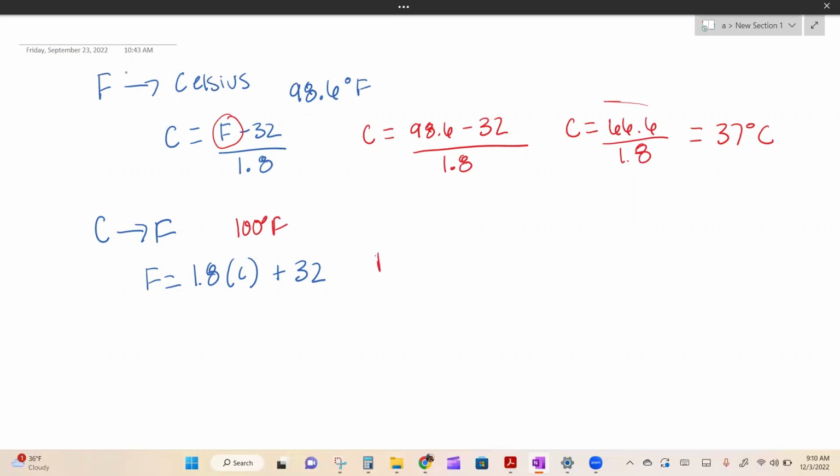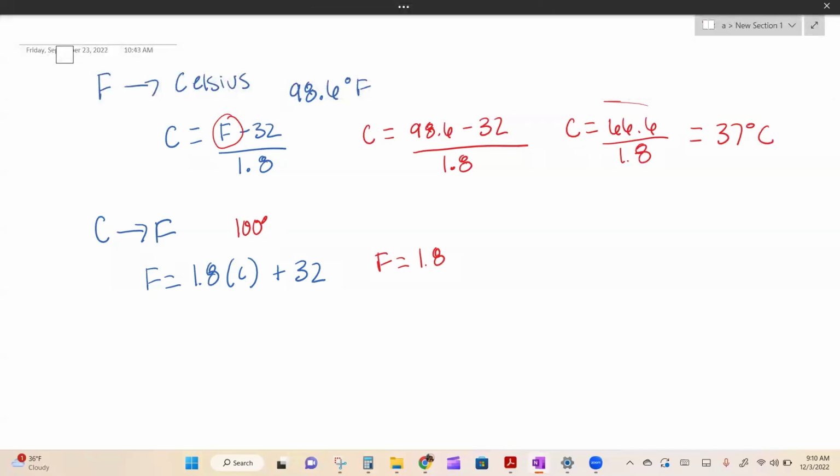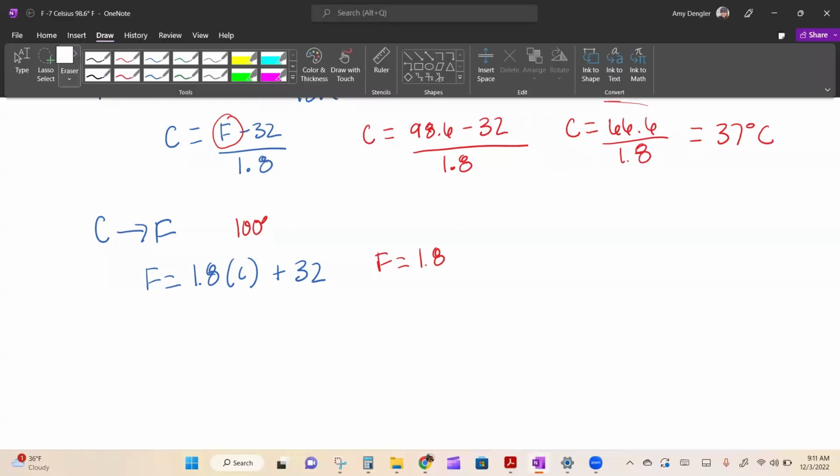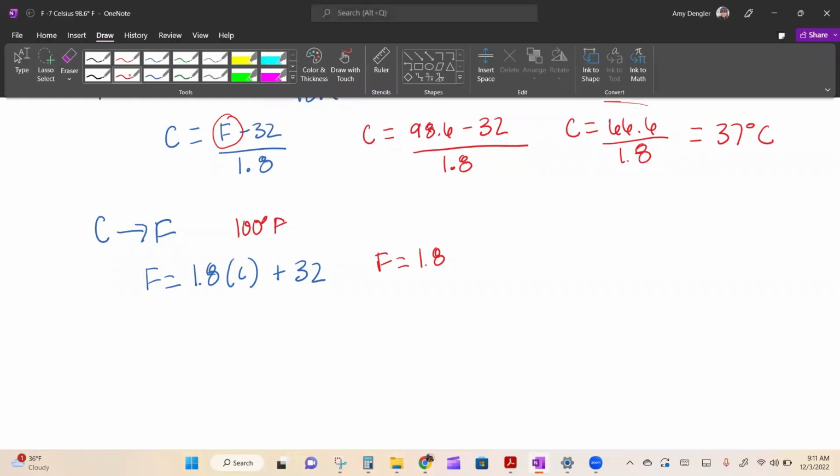So now I'm just gonna rewrite it, plugging in. Sorry, we're going from 100 degrees Celsius. I didn't mean to say that. Oh my gosh, I just did it again.